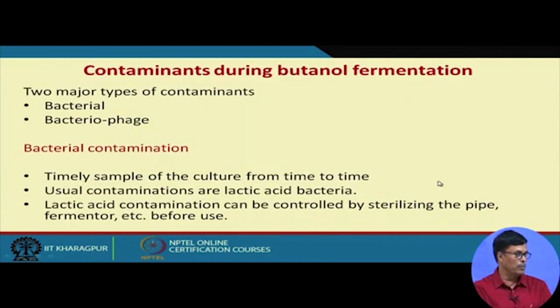Now, contamination during the butanol fermentation process is of 2 main types: bacterial and bacteriophage. Here I want to point out that in the bacterial fermentation process, there is every possibility that some other bacteria may interfere, but one advantage of this process is that this is an obligatory anaerobe process, so only a few organisms can grow.